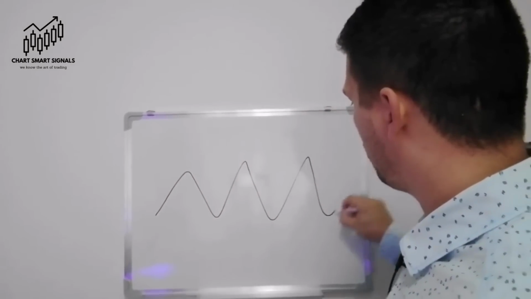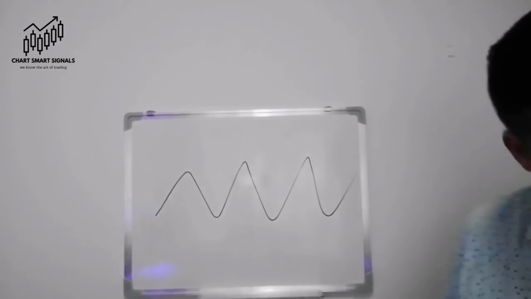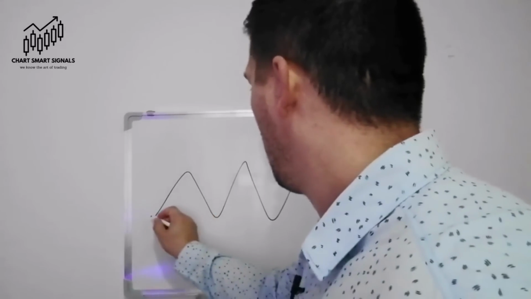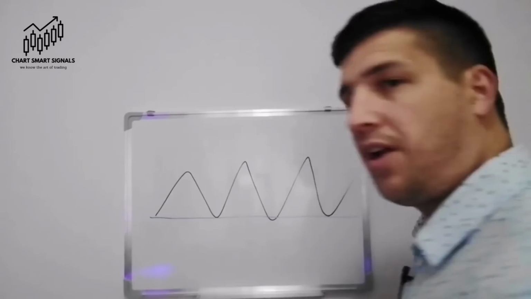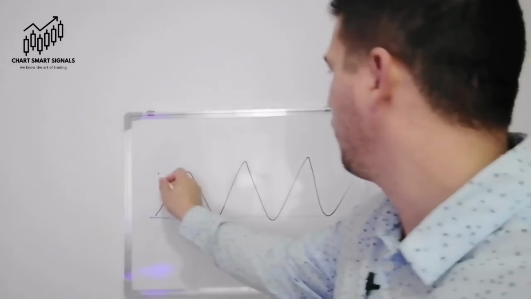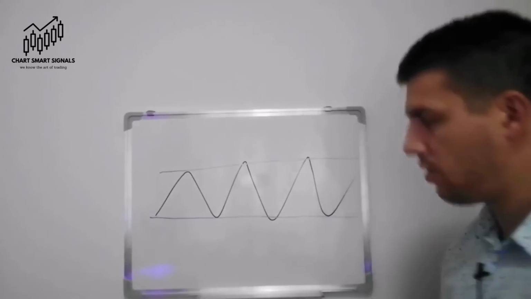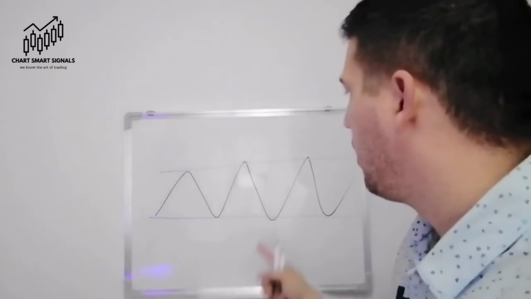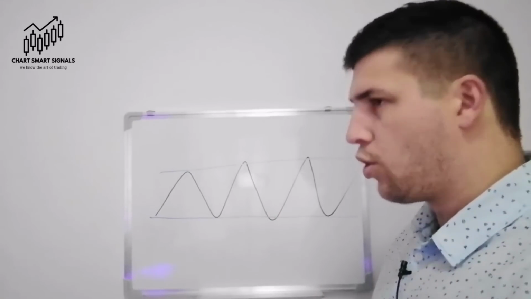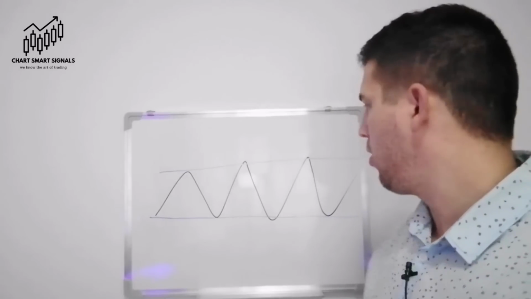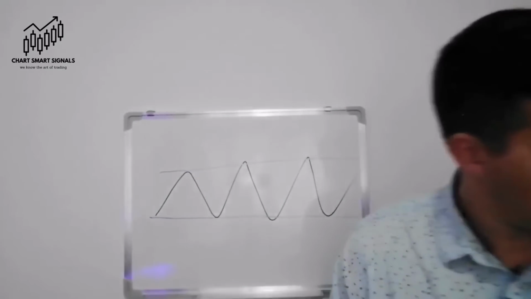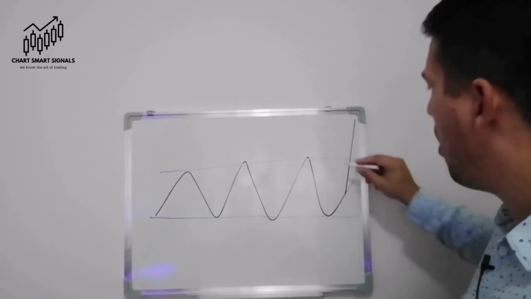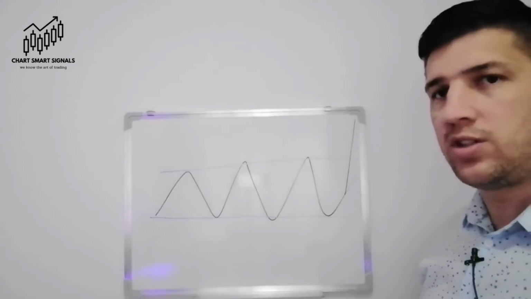Lastly, the last market structure. All right, we've got a ranging structure. Set our support at the bottom, our resistance at the top. Okay, if you are looking to have a trade on this, usually it would be best to have an opportunity for a breakout, right, where we'll see it going out and breaking the resistance.